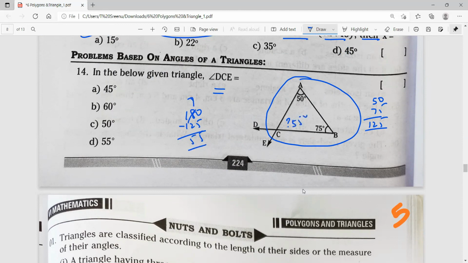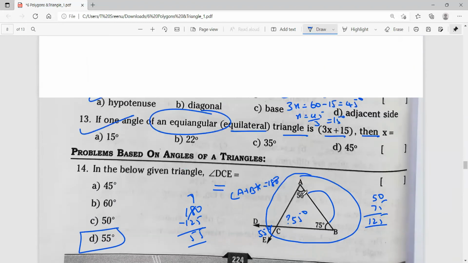This is 55 degrees. They ask for this angle, so these are vertically opposite angles. This is also 55 degrees. First, I added these two and subtracted from 180 because the sum of angles in a triangle is equal to 180 degrees. Okay, now next.